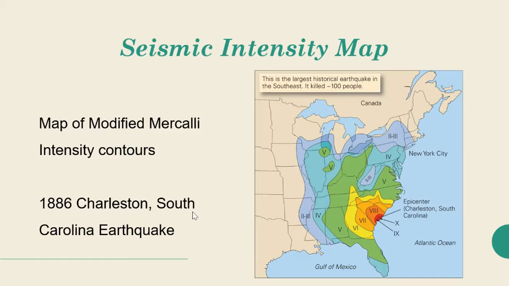This earthquake could be felt all the way through the south and east portion of the country, all the way through Ohio and parts of Indiana. And then it started getting lighter after that. But even Chicago could feel this earthquake. So this is the power in creating a seismic intensity map and looking at the Mercalli scale rating.